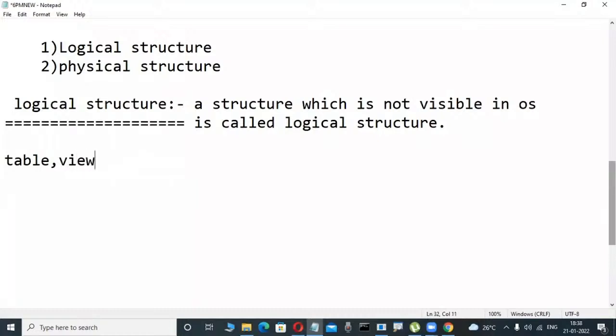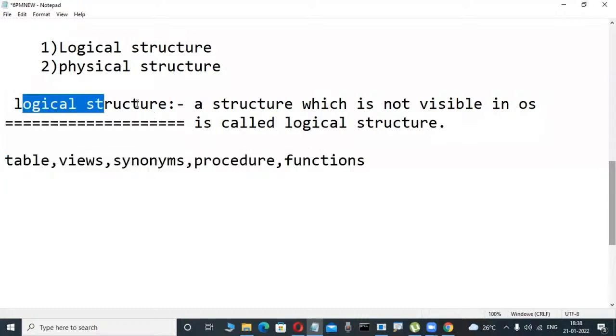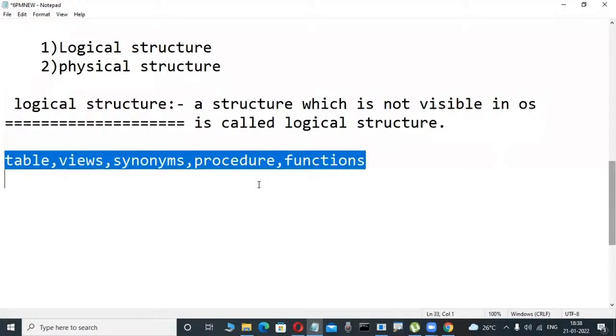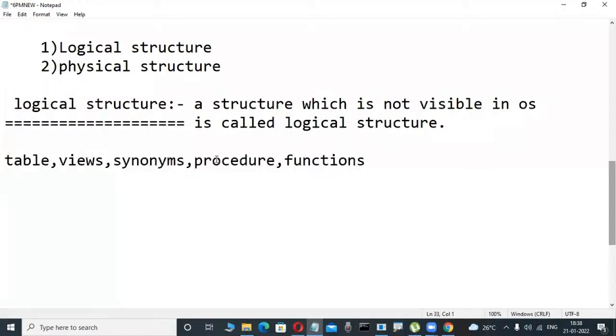Views are there, synonyms are there, indexes are there. These are all database objects. Procedures, functions, triggers, packages are there. So many things, all logical structure. That is not visible in the operating system. Whatever objects we are learning, many objects are not present in the operating system.